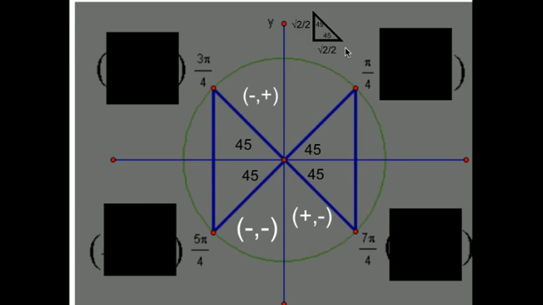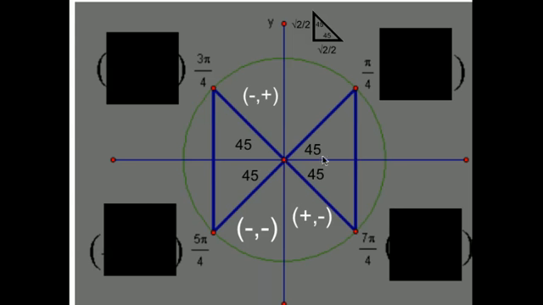If you remember from class, the ratios for 45, 45, 90 when the hypotenuse is 1 are square root of 2 over 2 for both sides, because it's an isosceles right triangle. So both of the legs are equal.